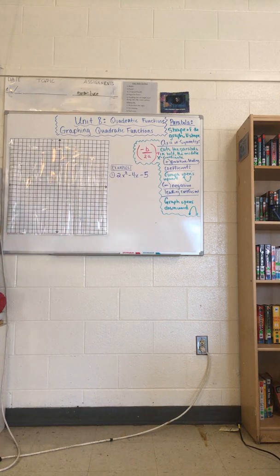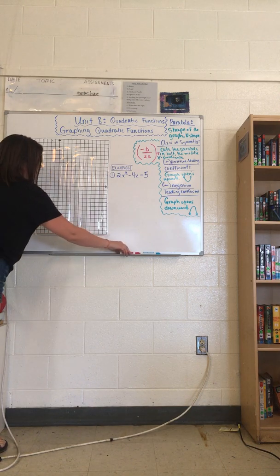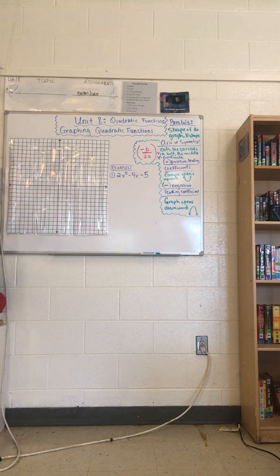All right. So, the axis of symmetry has an equation. It's negative b over 2a, okay? And we have our example here, 2x squared minus 4x minus 5, okay? If you recall from last unit, this is a trinomial, right?